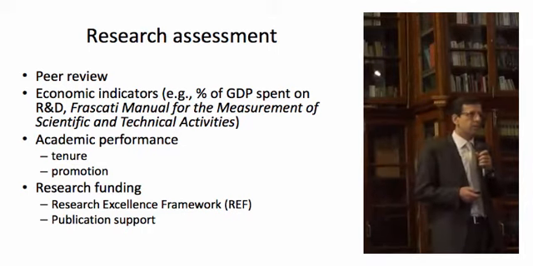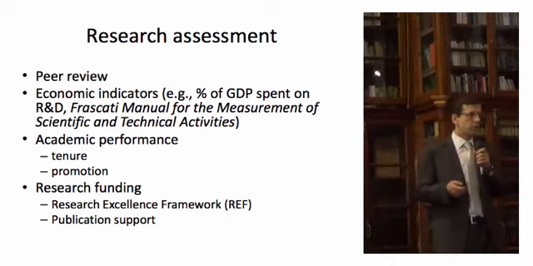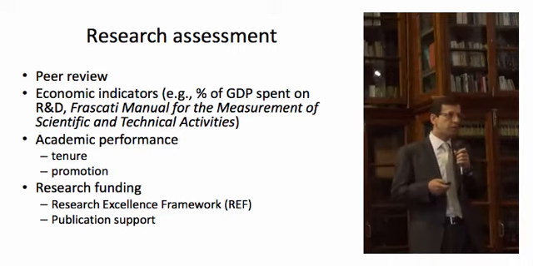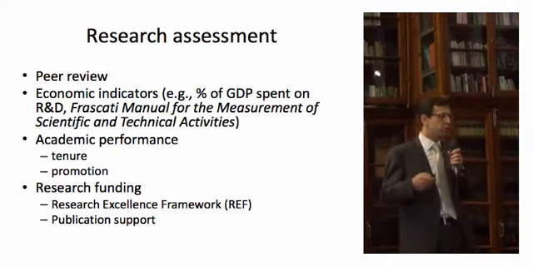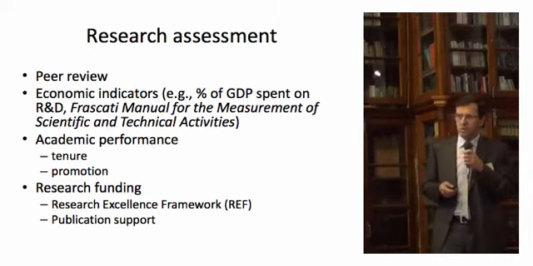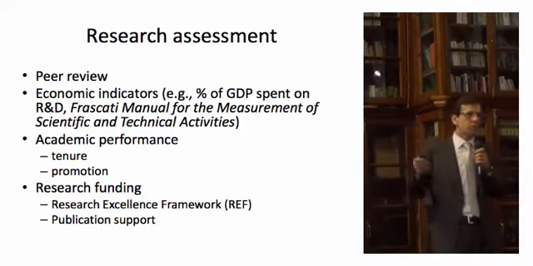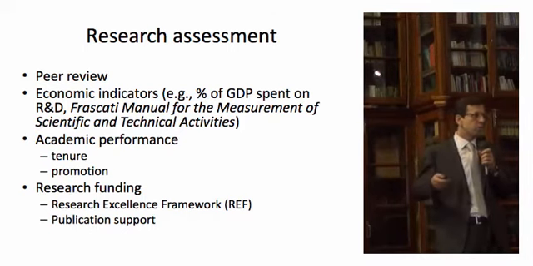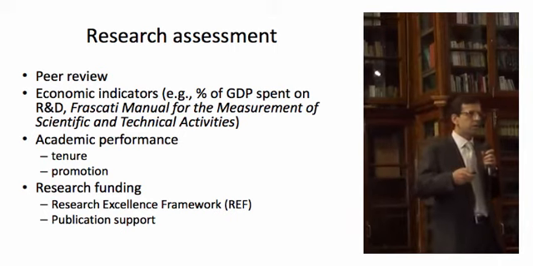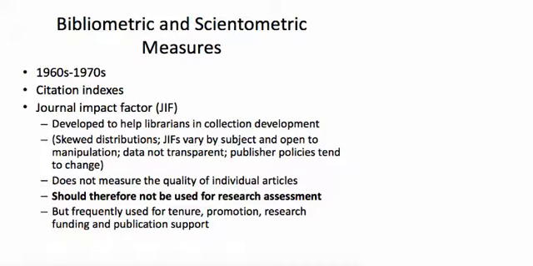For instance, in the UK, this year they started using a new system called the Research Excellence Framework, which is based not only on peer review, but also on the use of bibliometric and scientometric measures. There are countries that use such measures to also distribute money to the authors of papers that are listed in the ISI indexes. Turkey is one of them.